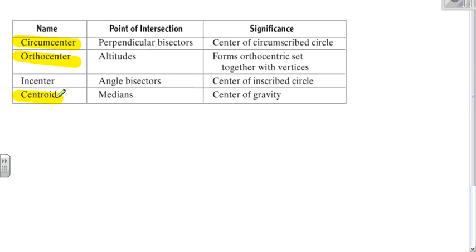They're all in the same line. You can draw one line that contains all 3 of those points. That line is named after the mathematician that found that property. His name is Leonhard Euler. E-U-L-E-R, Euler. So that's the Euler line.